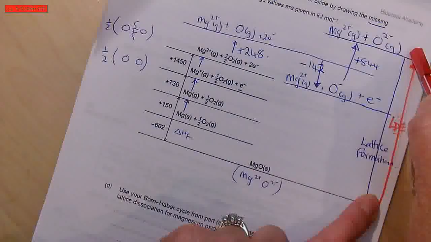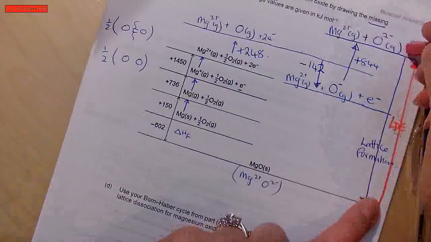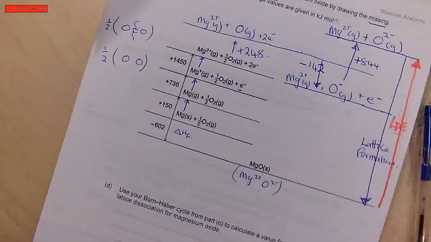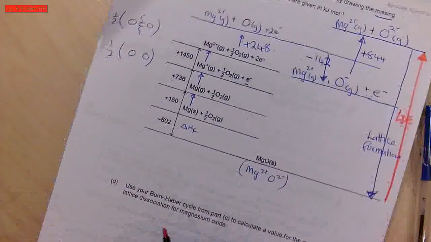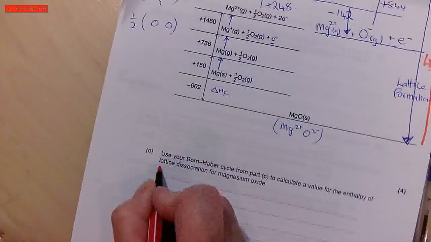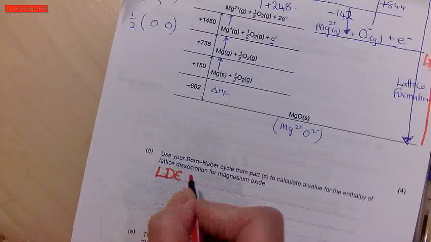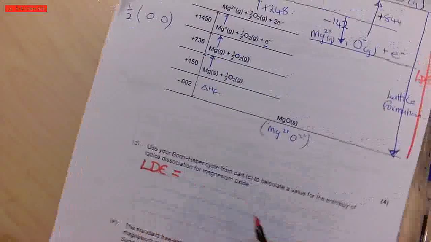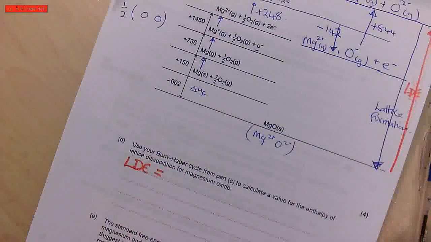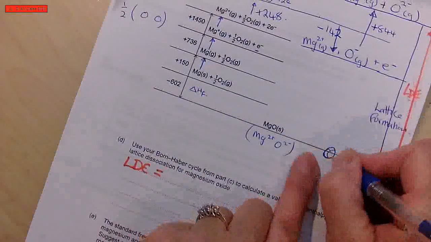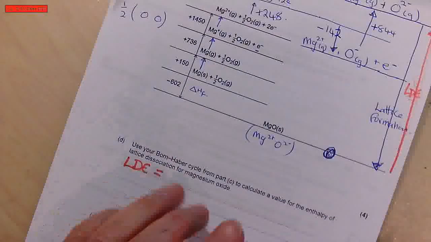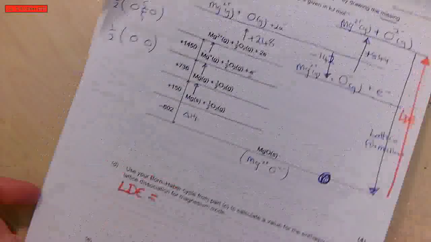If we're going from magnesium oxide to the lattice to the top here, which is our lattice dissociation enthalpy, that's what I want to find, and that equals. So now, from my cycle, I'm starting here.